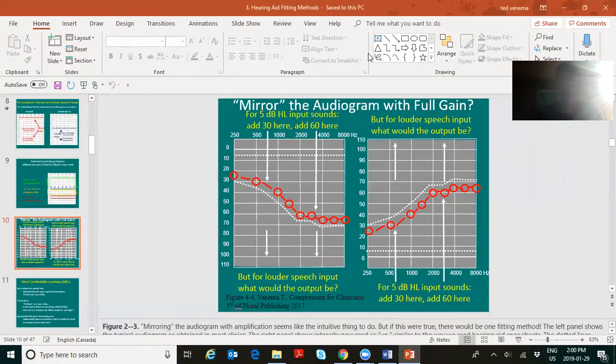But what happens if the input sound, oh wow, do I have a bright light shining on the side of me? I look like I'm kind of in heaven or something. It's just the angle of the sun. Don't worry about it. Hang on a second. You know what it reminds me of? I'll show you a picture anyway. I'm going to close this so it's a little better. It kind of reminds me of a picture that OTC people sent to me.